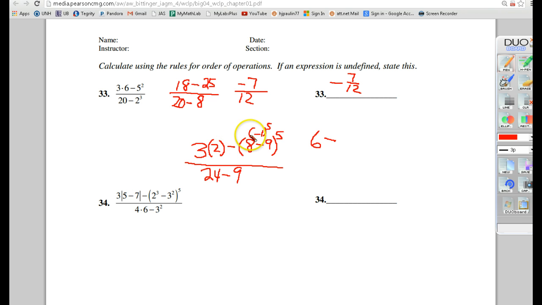So the opposite of a negative 1 is a positive 1. So this becomes a plus 1 here. And then this becomes a 15. So after we did all of that, we end up with 7/15ths. And that is correct. Okay.